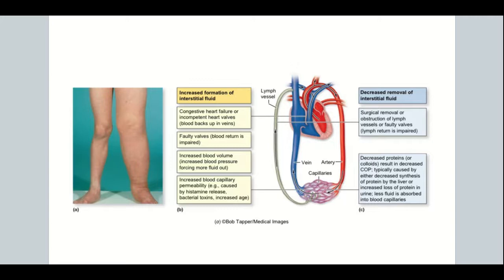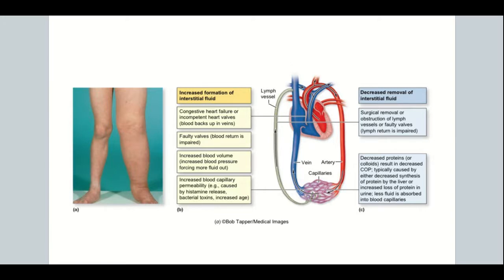So that's what parts B and C can show you there. So those are our fluid imbalances. And there's a little interesting clinical view that talks about dehydration in infants and elderly.